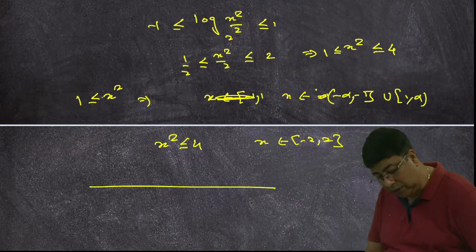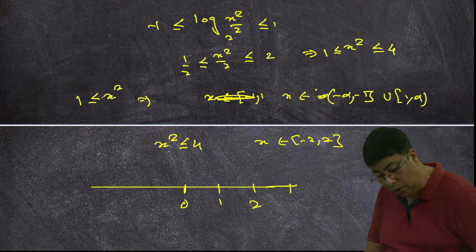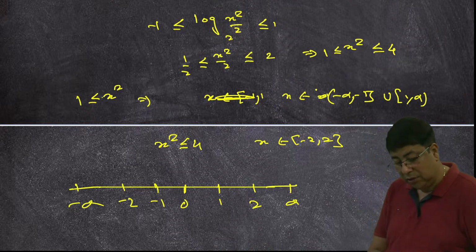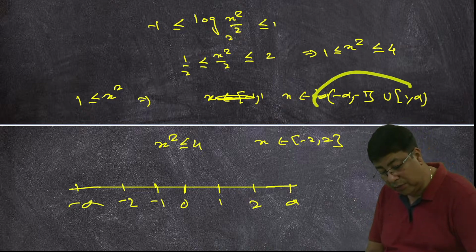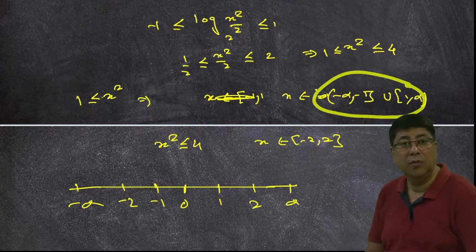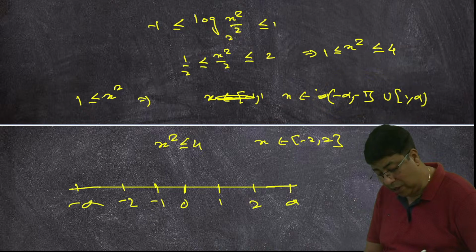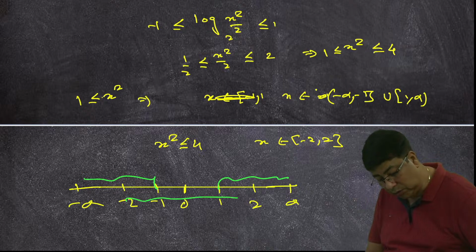So here is the number line: 0, 1, 2, infinity, -1, -2, minus infinity. Now if we apply this, the first part is minus infinity to -1 and 1 to infinity, and the second portion is -2 to +2.